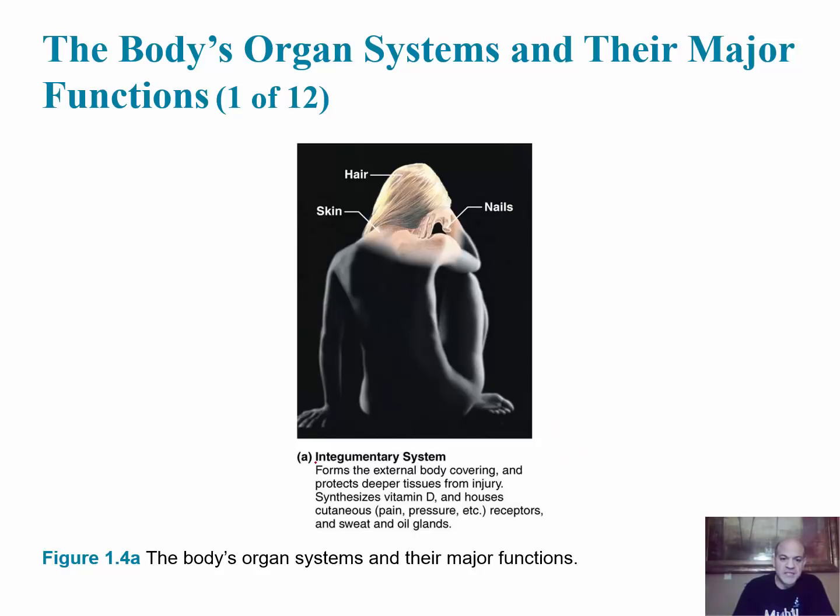The first system we're going to look at is the integumentary system, and this includes the skin. So the skin and some of the accessory structures like hair and nails are all part of the integumentary system. The function here is to form an external body covering, basically protecting deeper tissues from injury. The skin also helps synthesize vitamin D, which is important for your bone health, for calcium metabolism.